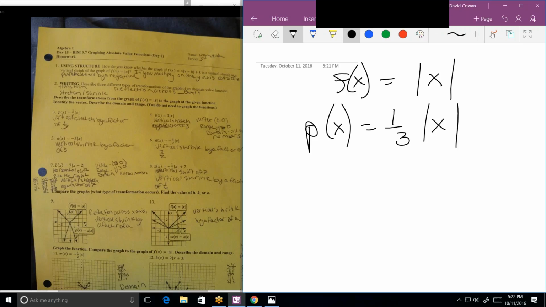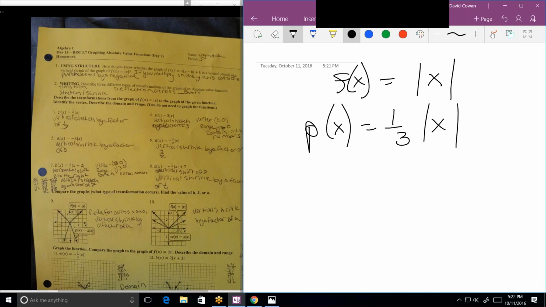It's going to be a vertical shrink by a factor of 1/3. Very good. Change your paper because your paper says vertical stretch.